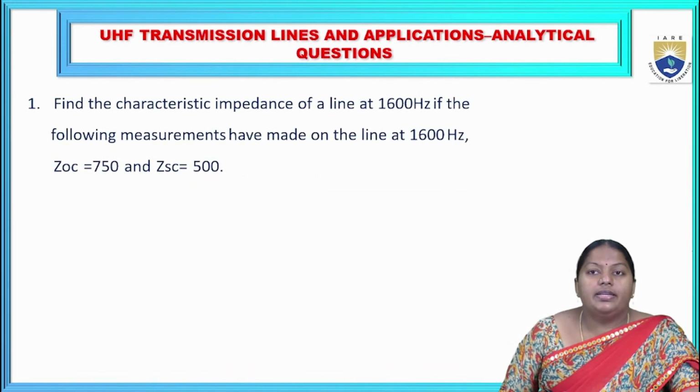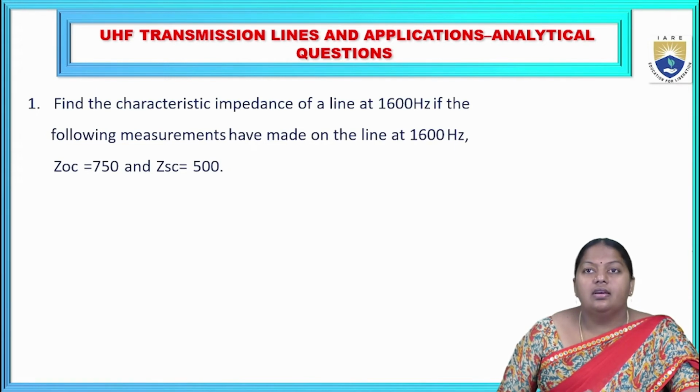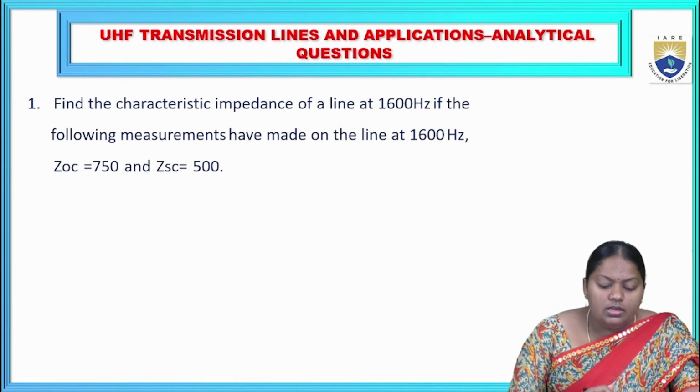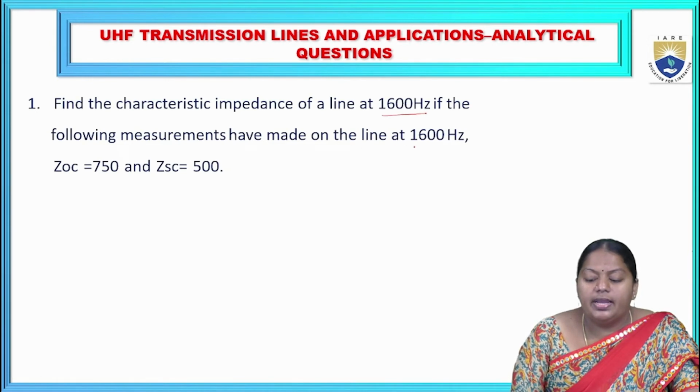Now, coming to the analytical type questions. Mathematically, how are we going to solve the problems given on UHF transmission lines and their applications? Find the characteristic impedance of a transmission line at 1600 Hz if the following measurements have been made on the line at 1600 Hz: ZOC and ZSC.